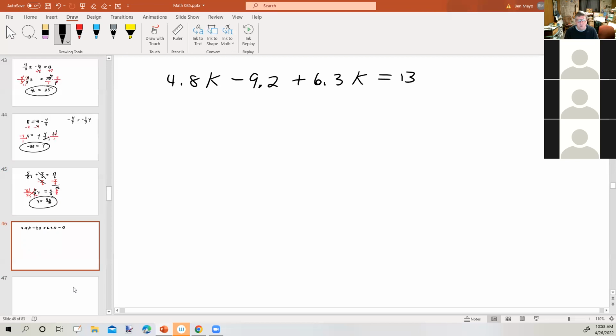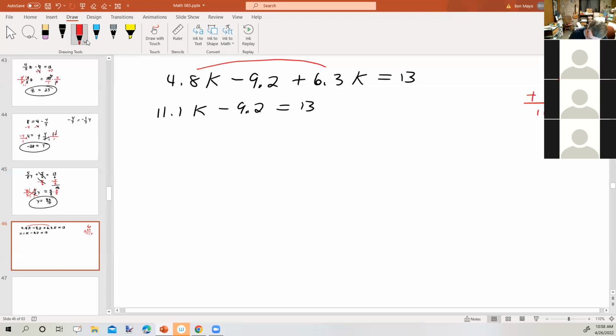So before I do any isolating, I'm going to simplify each side of the equation. On the left side of the equation, combining like terms, 4.8k plus 6.3k is 11.1k. So I have 11.1k minus 9.2 equals 13.